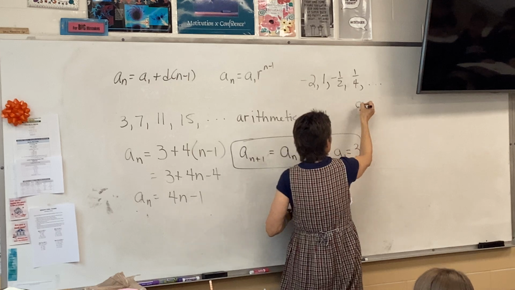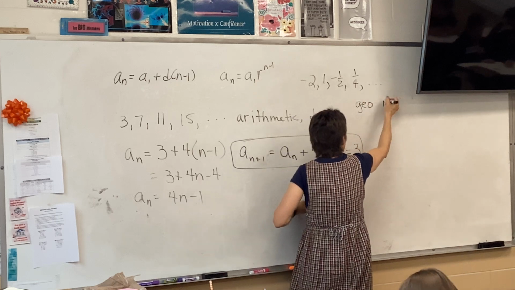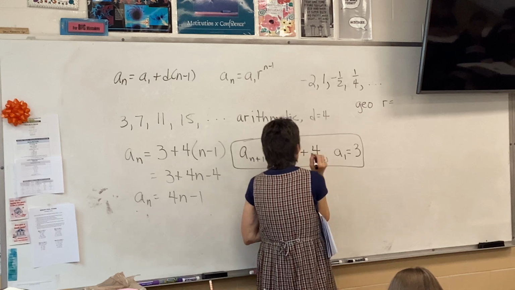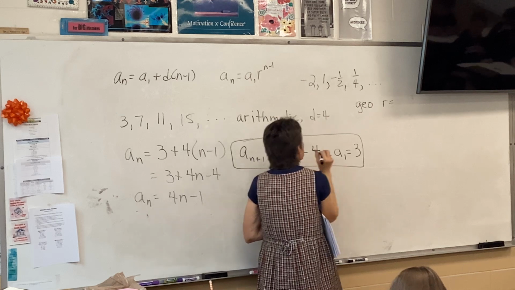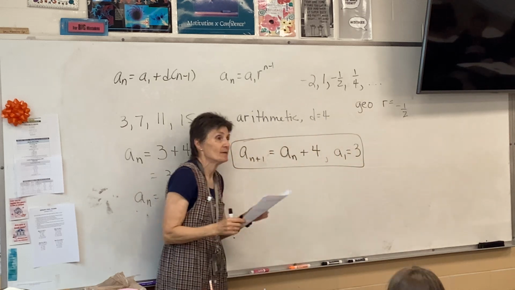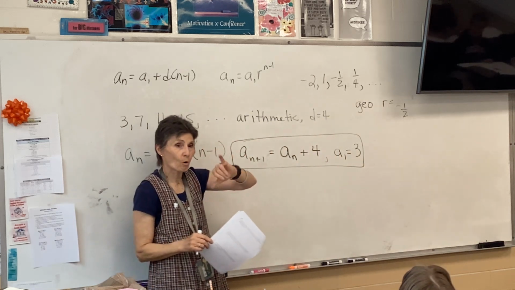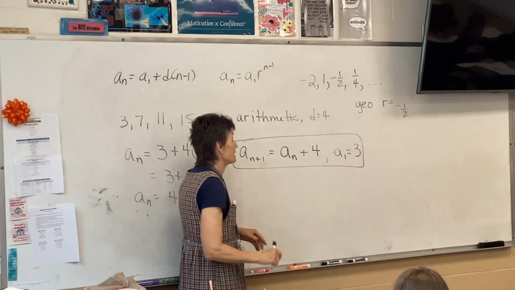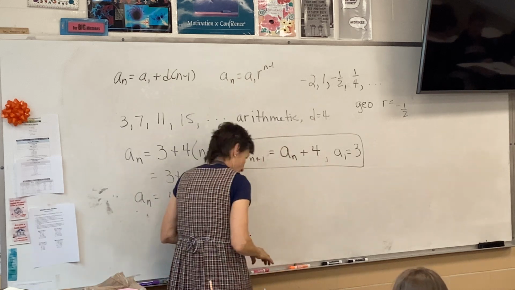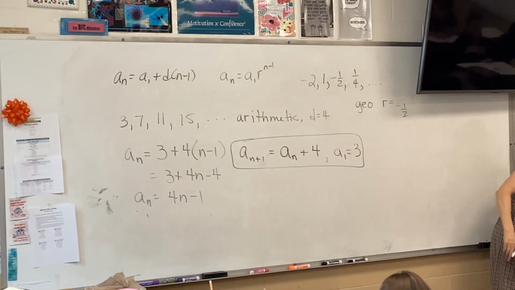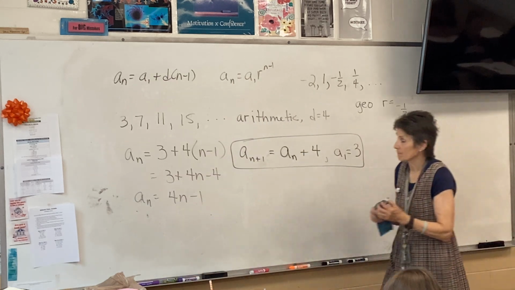Now, next sequence, the directions say, what type is it? Well, this one is geometric, and it has a ratio of what? Be careful. Negative 1/2. The ratio is negative 1/2. See how it's going back and forth between positive and negative? So we're multiplying by negative 1/2. Now, I'm going to do my explicit formula.